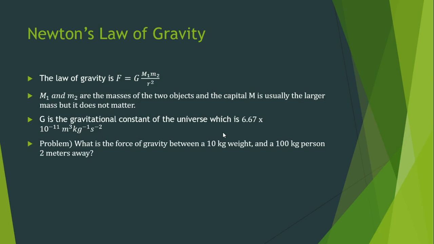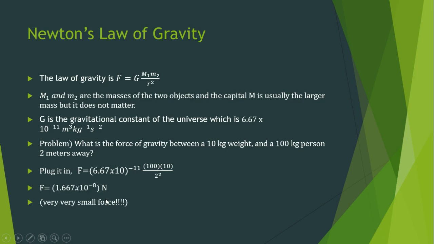You do the same thing, you just plug in everything, so force equals big G, 6.67 times 10 to the negative 11th, and then the big M is 100 kilograms, the smaller one is 10, and the distance between is 2 meters. So you just plug that in, and you get a force. Be sure always to write your units. Force is always in newtons.